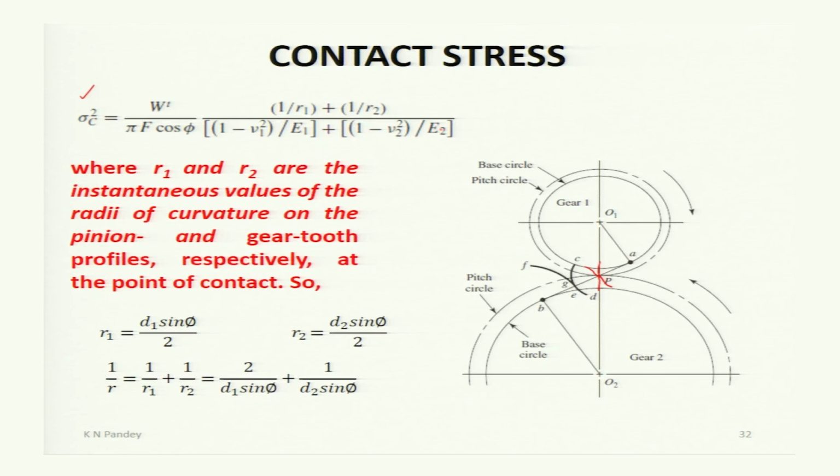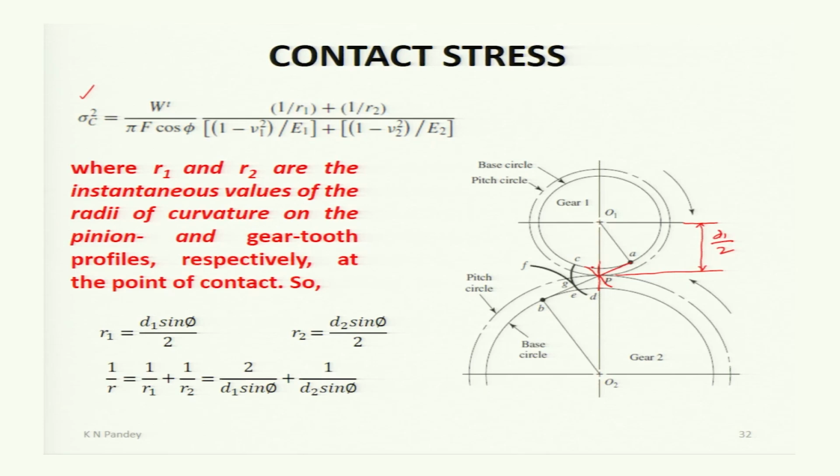Okay. Now, for our case, the value of this R1 is this distance. And this is equal to D1 divided by 2, the pitch circle radius of this one.